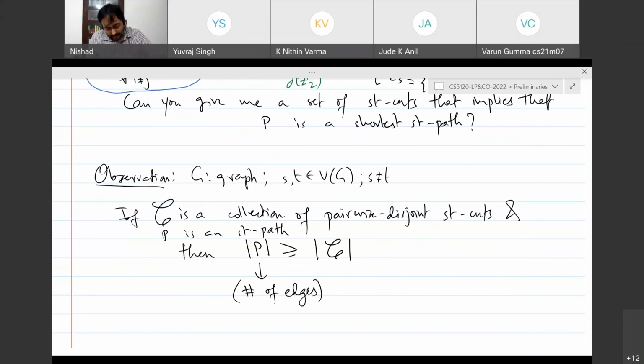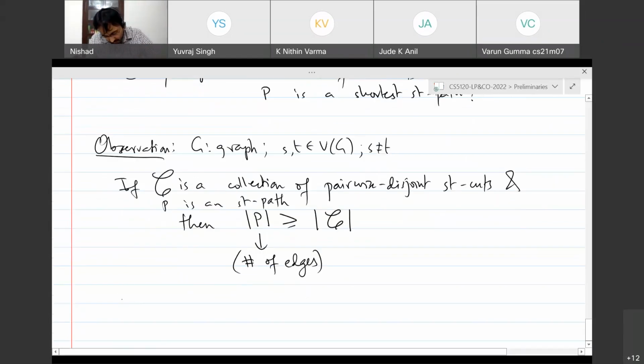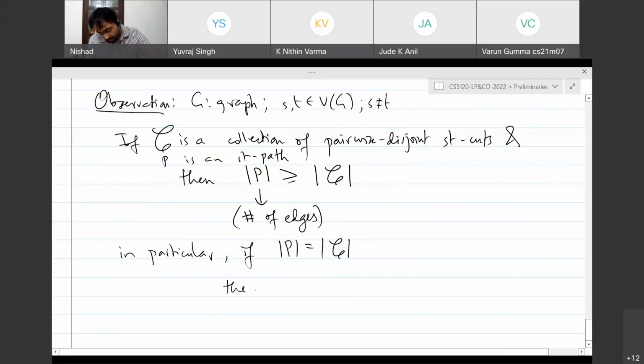And what does that imply? In particular, if you see this with equality, then P is a shortest ST path.